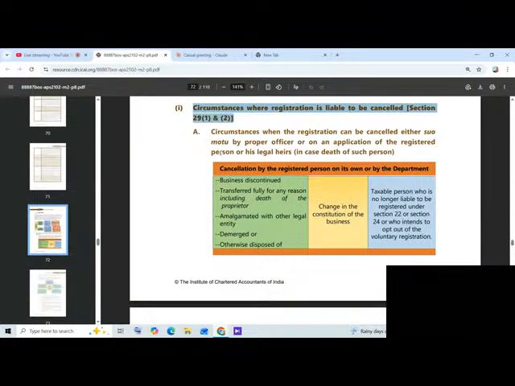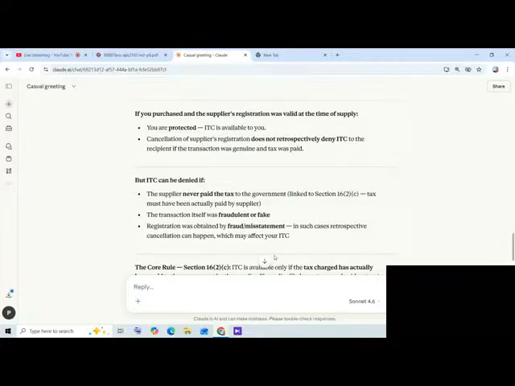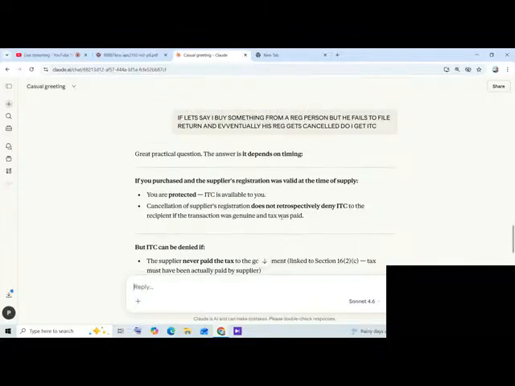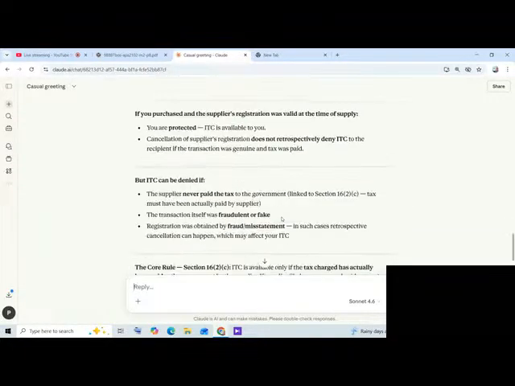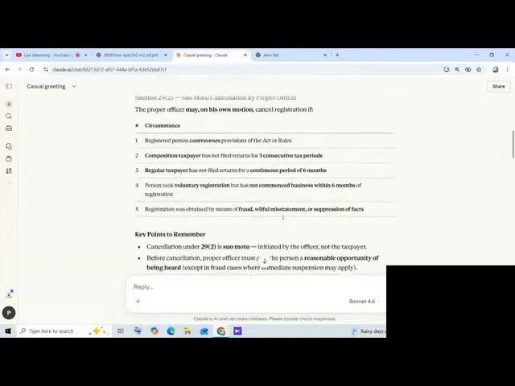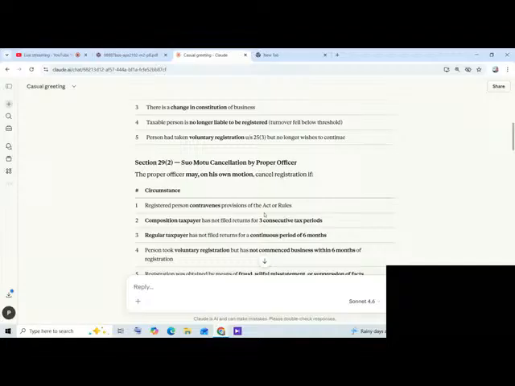So there are some circumstances given in 29(1) for applying for cancellation by the registered person on his own motion, and in section 29(2) there are some cases where the proper officer suo motu cancels the registration. Registered person contravenes the provisions of the act or rules.